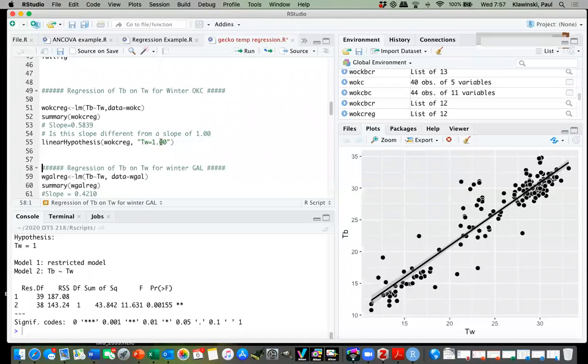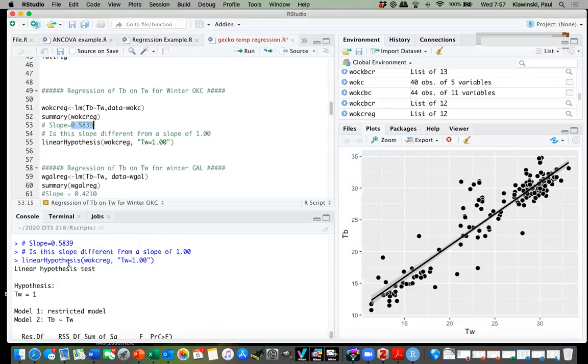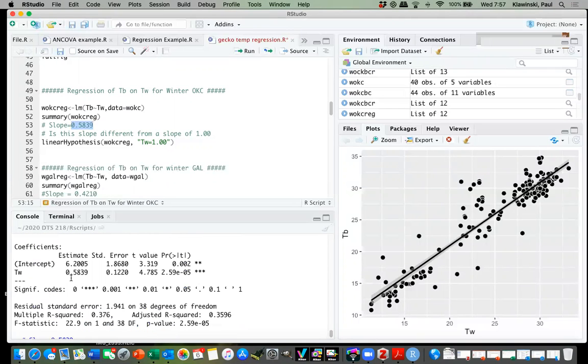So it's below 1 because the slope value, and you'll see that I oftentimes will make notes to myself of what the observed slope value is. So when I ran the code up here, I got a slope of 0.5839.